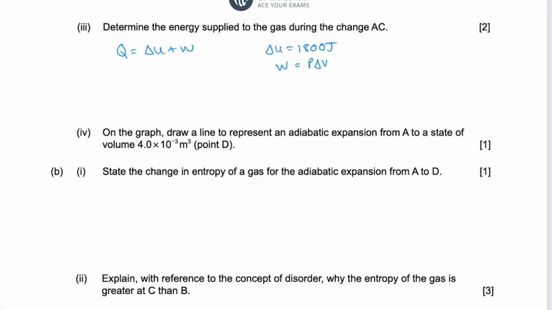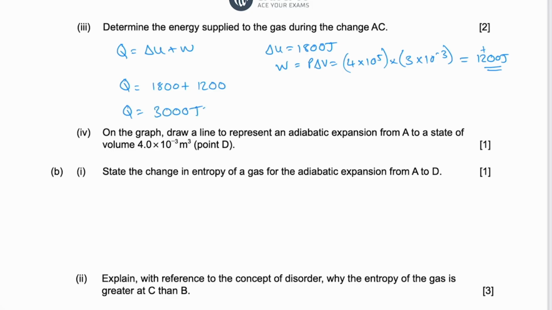P delta V equals 4 times 10 to the 5 for pressure, times a change in volume of 3 times 10 to the minus 3. So our work done is 1200 joules. Therefore, the energy supplied is 1800 plus 1200, and that is work done by the gas, so it's a positive number. So our energy supplied is 3000 joules.